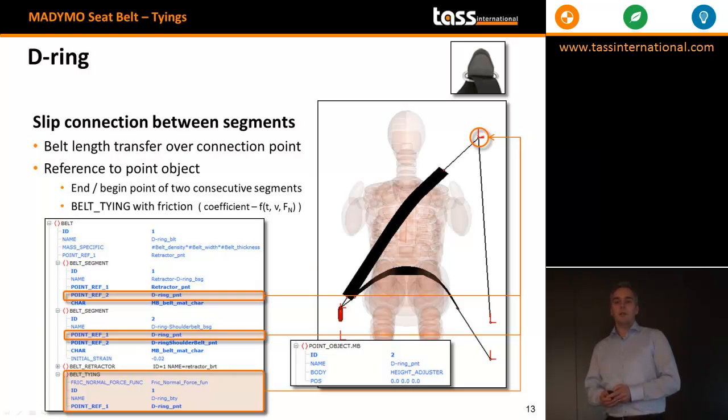So for the D-ring, you can have a separate point object for the D-ring, which is referred to as point reference 2 in the first segment from the retractor to the D-ring, and as point reference 1 under the second MB segment from the D-ring to the shoulder FE belt segment. A belt tying is used to define friction against slip through the D-ring.